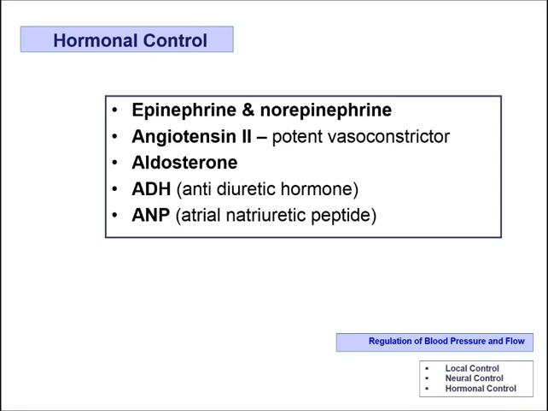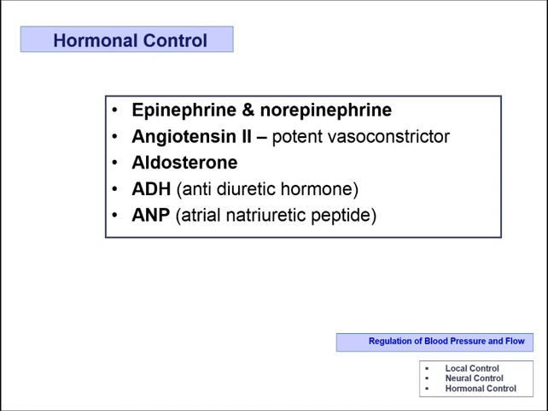Before we move on to the other substances listed here and how they influence blood pressure and flow, it'd be good to be reminded of what creates blood pressure. What are we talking about when we talk about blood pressure? I'm sure you can all tell me that blood pressure is the push that blood has against the wall of a vessel. We measure that, and that's blood pressure.